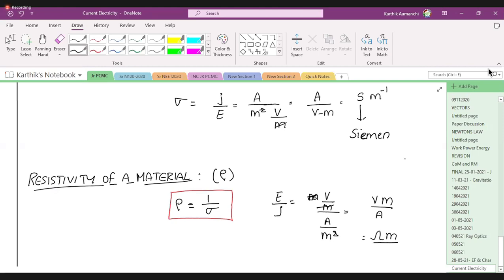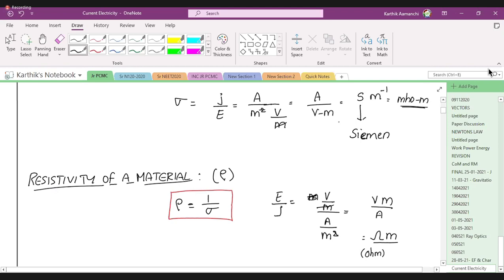Now see, there are other people who take it as ampere per volt, isn't it? This is volt per ampere, ohm. This is called ohm. What I've done is 1 by ohm, they called it mho, the inverse of ohm.